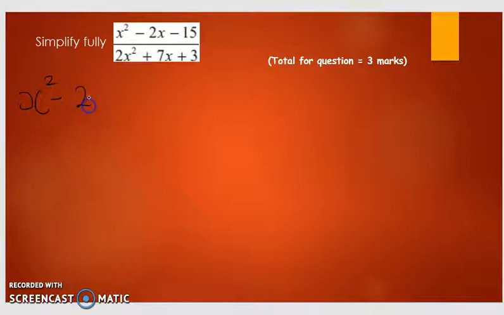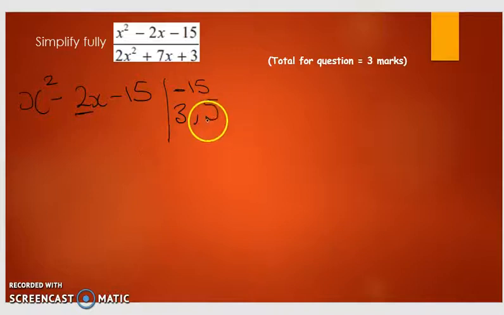X squared minus 2x minus 15. Try to factorize. Our AC in this case will be 1 times negative 15, so you have negative 15. So what two numbers will multiply to give us negative 15, but then add to give us negative 2? Okay, so we can choose 3 and 5.